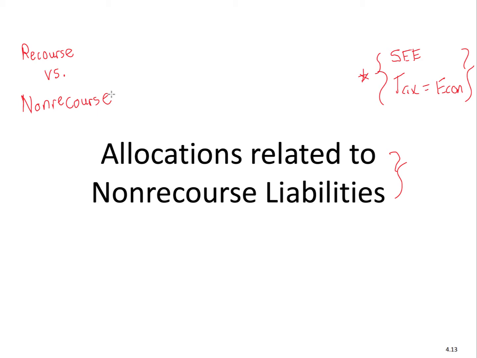Non-recourse, though, is that limited liability idea where the liability is limited to the property, and it's usually secured by the property itself, the collateral. Non-recourse liabilities are becoming more and more rare as the financial environment becomes more and more risky, but usually the property itself is attached.